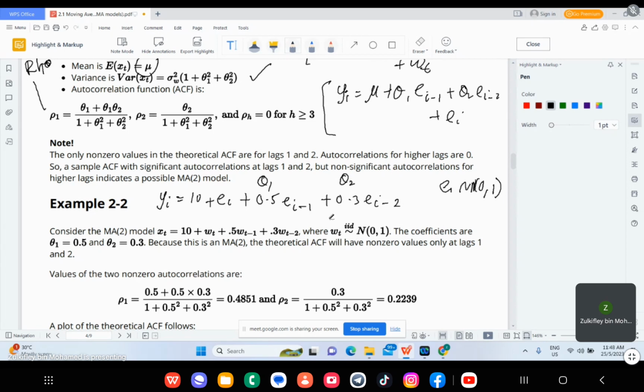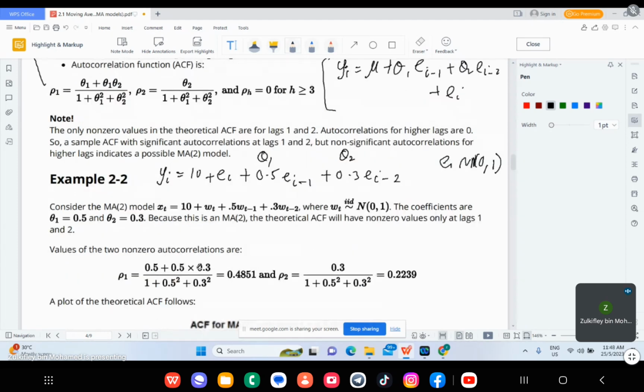Okay? Then from here you can substitute the formula here into this function. So bila you substitute into this function, rho 1 is equal to 0.5 multiplied by, because theta 1 is 0.5, plus 0.5 multiplied by theta 2 which is 0.3, then over 1 plus 0.5 square, because theta 1 is 0.5, plus 0.3 square.